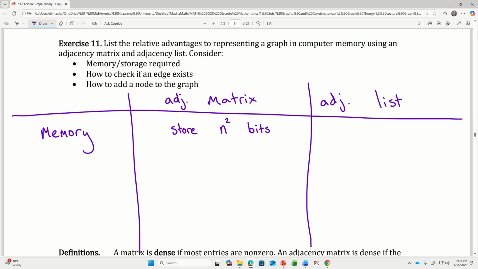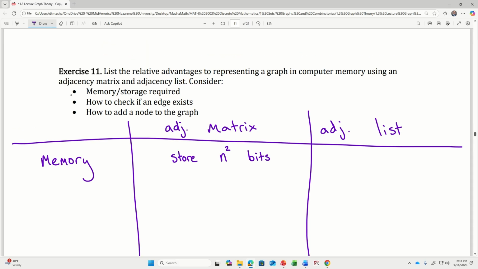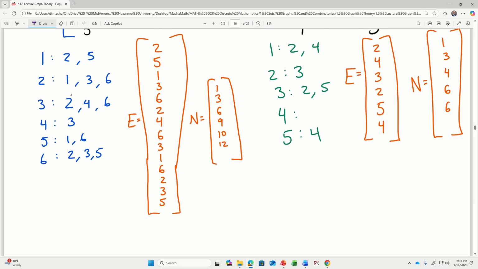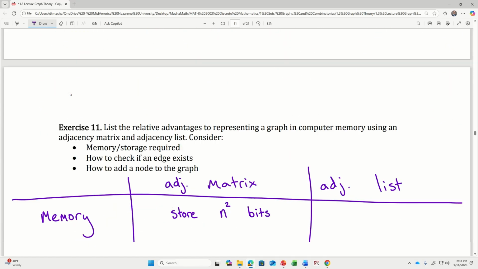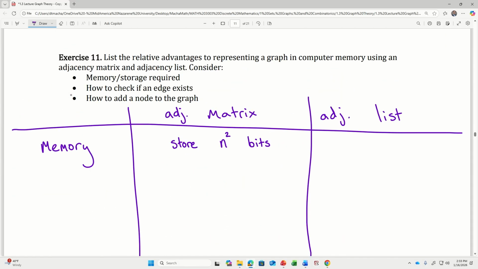If I have an adjacency list, I have to store however many edges there are, plus however many nodes there are, and those are just integers. They're not necessarily just bits, but they're actually full-on integers. So for an adjacency list, I would need to store m plus n integers in computer memory.